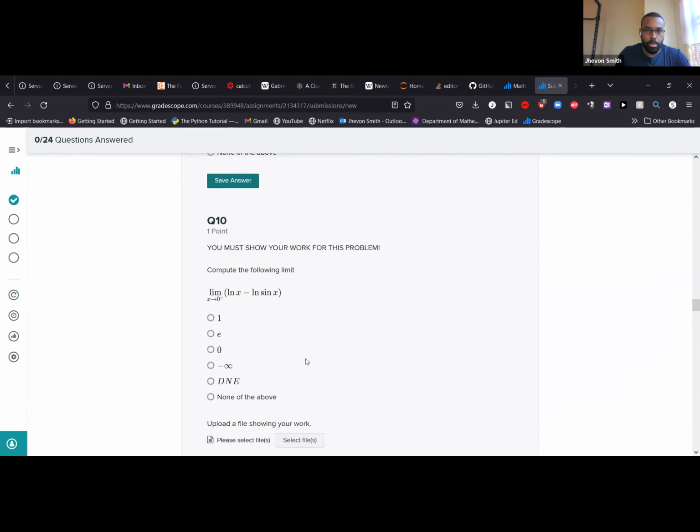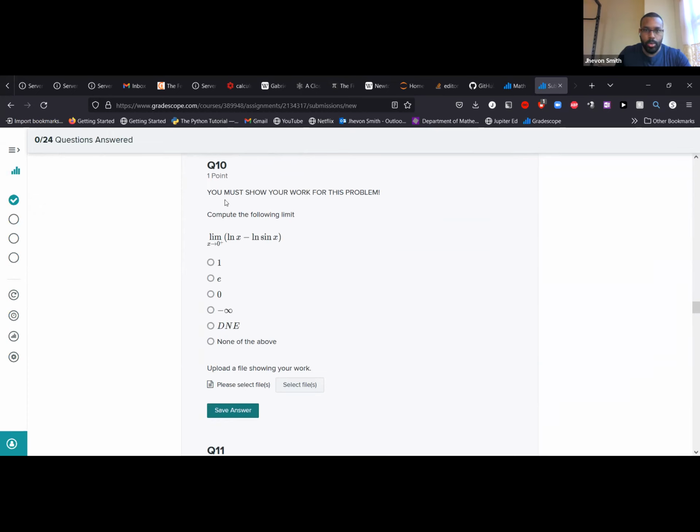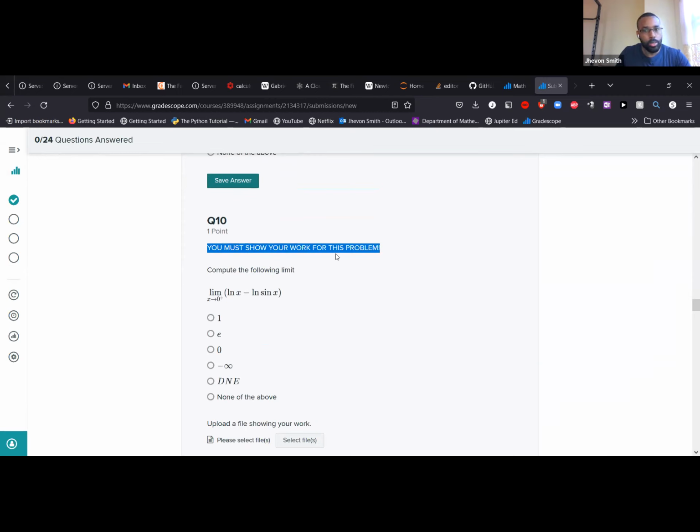And then there'll be some problems like this, where it will indicate at the beginning of the problem that you must show your work. This means it's not one where you can just click something and move on. Some problems are like that, but for some selected problems I would want you to show your work. So I'll say, you must show your work for this problem. Whenever you see that, you're going to write down what you think the answer is, write out your full solution, sort of how I do it in class.